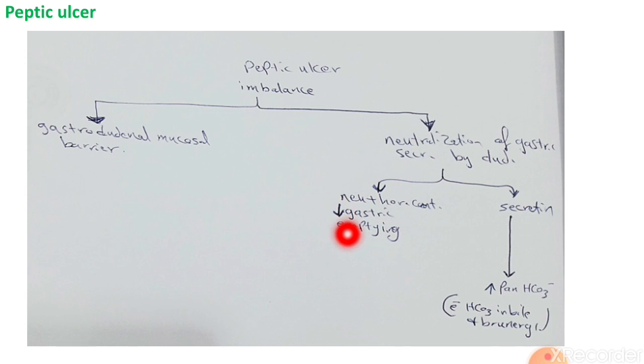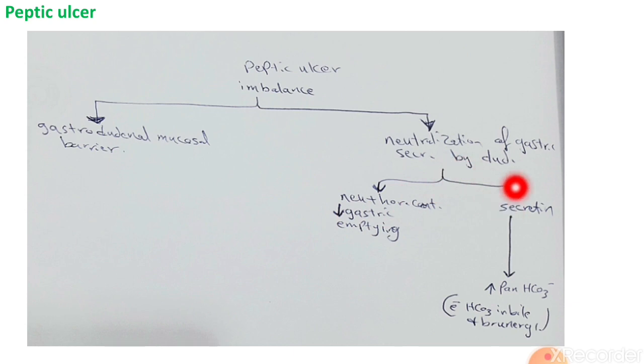If this reflex is, for one reason or another, defective, the gastric emptying will continue, and by this it might cause peptic ulcer or duodenal ulcer.